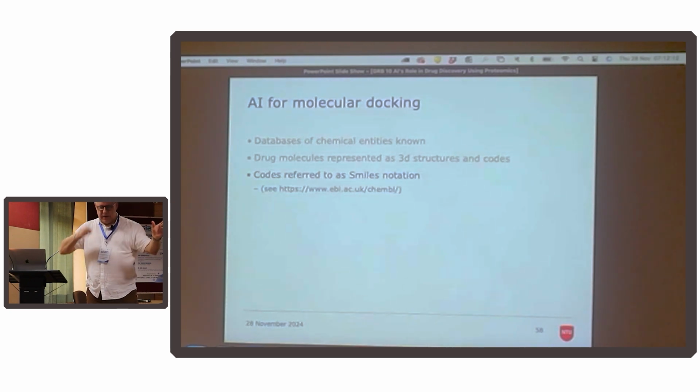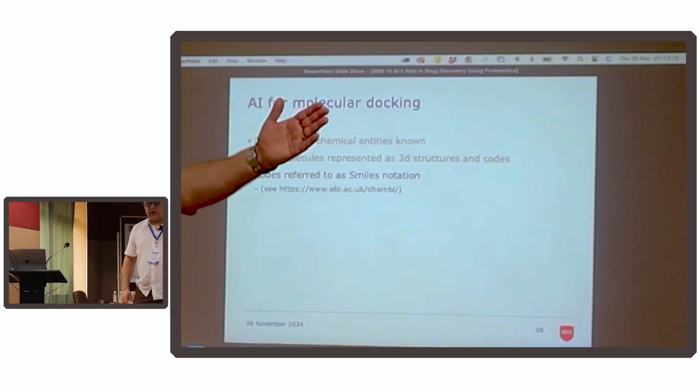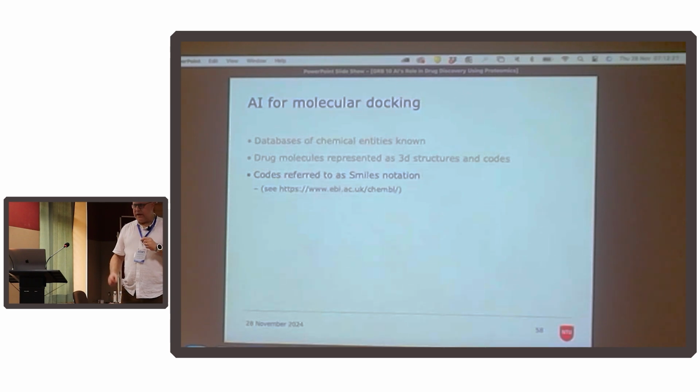Another thing I can do, and I've seen companies do this, is that every molecule is represented by what's called a SMILES code. That's a string of numbers and letters which represents the unique structure of that molecule. I can mine that SMILES code, if I put it in a framework, to see which elements of the SMILES code indicate something that might bind to my molecule from the literature.